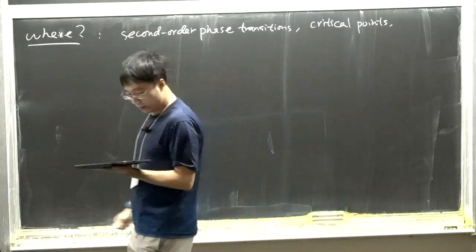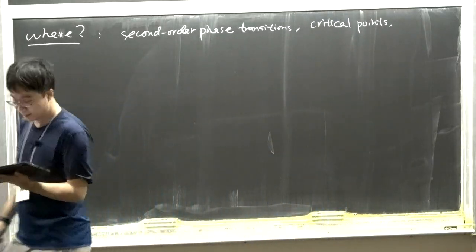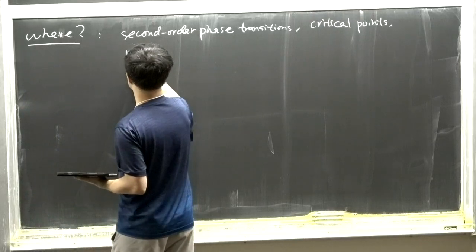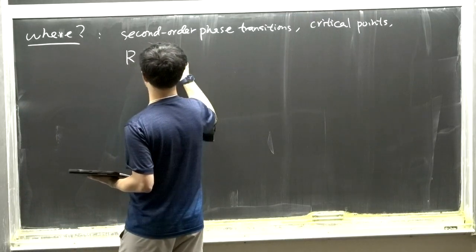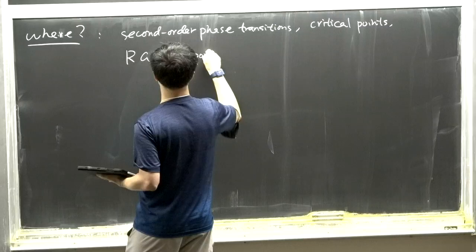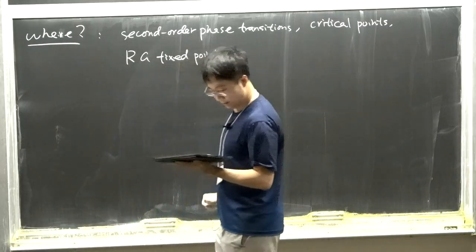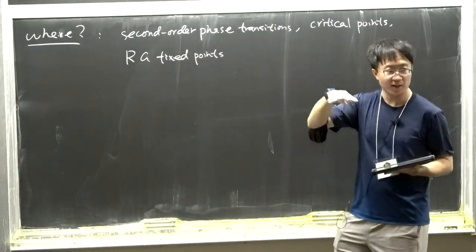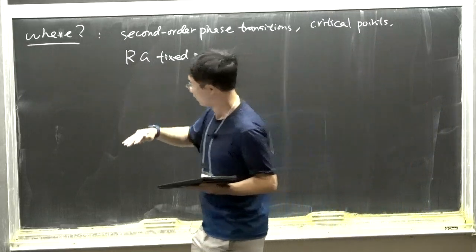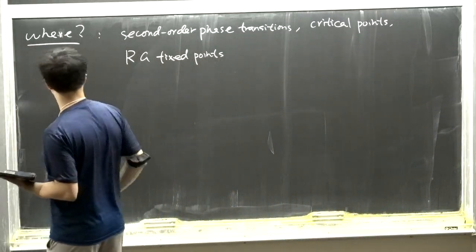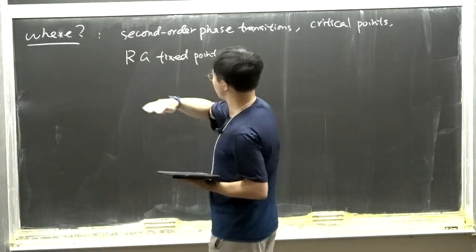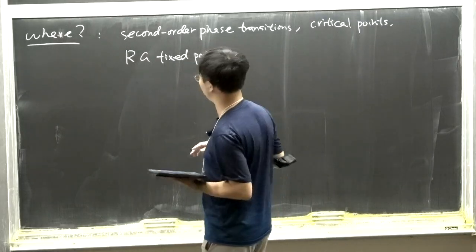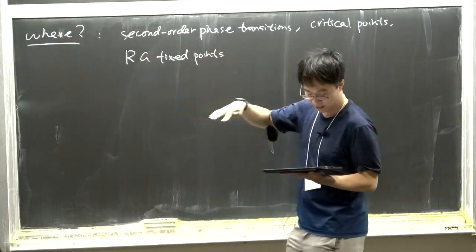And secondly, related to something that Nati talked about, this conformal field theory can arise as fixed points of RG flows. Okay. So they're like important points in the theory space of quantum field theories that govern the physics near these fixed points.